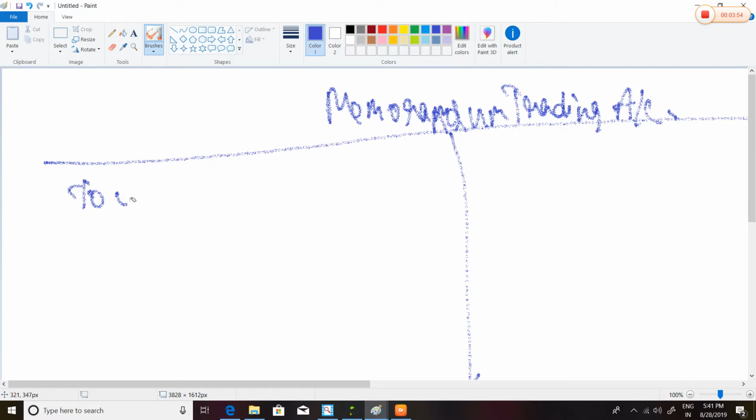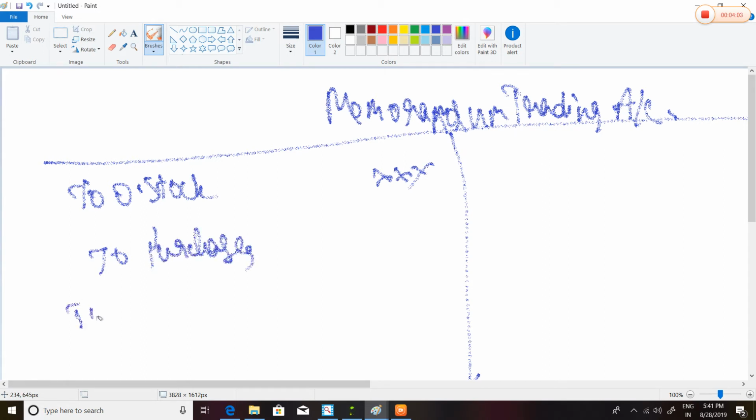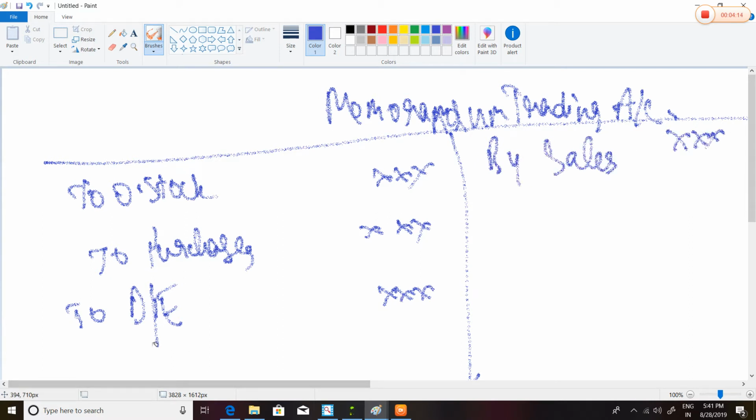To opening stock we have to calculate, to purchases, and all direct expenses, by sales, to gross profit. There will be a fixed percentage of gross profit given, either on sales or on cost of goods sold. You can calculate from here.